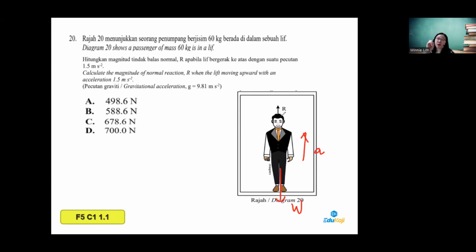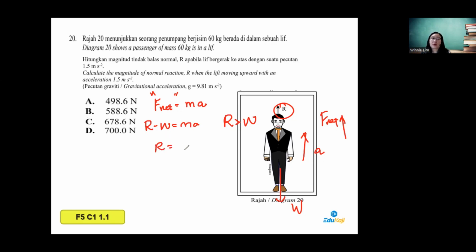You have the normal reaction force upward, then weight downward, then acceleration, in this case upward. The concept of the formula is F net equals ma. If your acceleration is upward, your net force is also upward. That means your normal reaction force is supposed to be greater than the weight. So to form the equation, R minus weight equals ma. The weight is also mg, so the normal reaction force is mg plus ma.